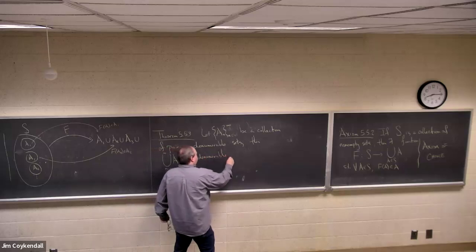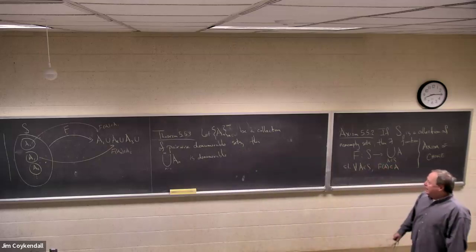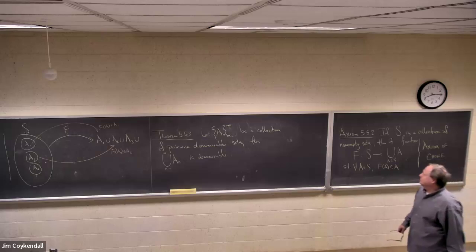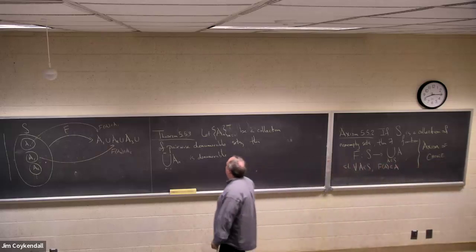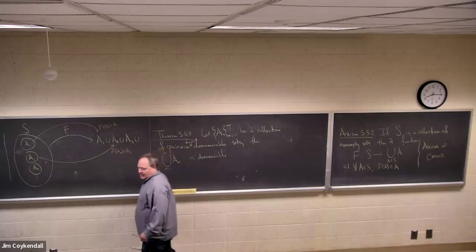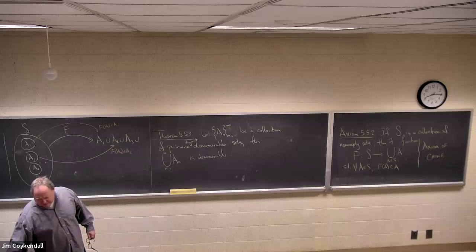I'm finally going to put this to bed. I've talked about this result, and we have used it a little bit: that a union of a denumerable collection of pairwise disjoint denumerable sets is denumerable.